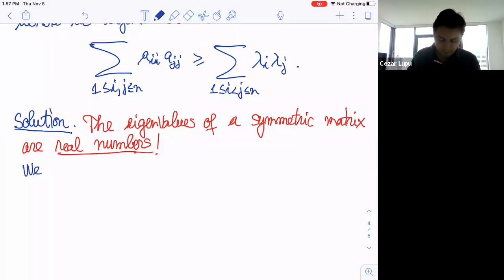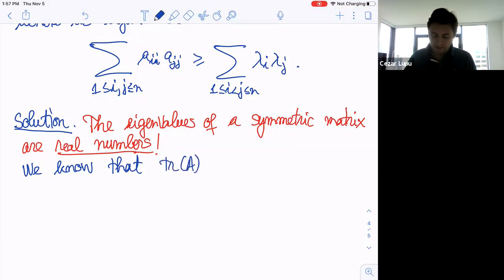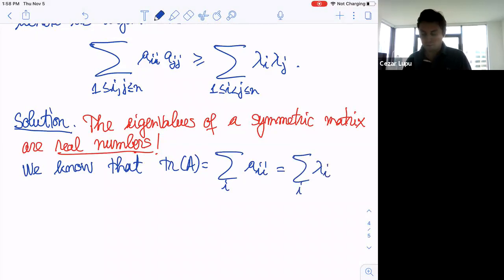So we know that the trace of A is the sum of the elements on the main diagonal, right? But also it is the sum of the eigenvalues. Okay, beautiful.